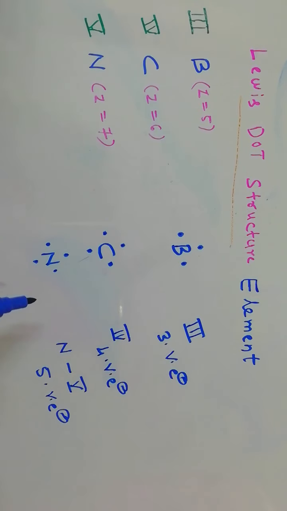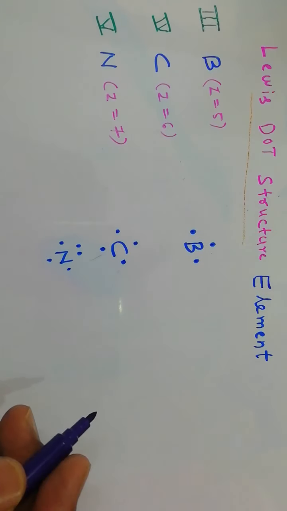Here 4 we have written, but how many valence electrons are there in nitrogen? We have 5. So to balance that, one more electron I am writing over here. So a total of 5 electrons are represented with dot symbols around the nitrogen atom. This is the Lewis dot representation of an atom of a particular element.